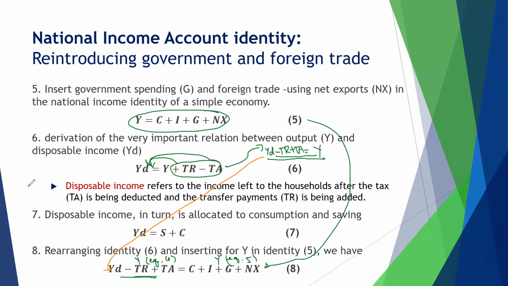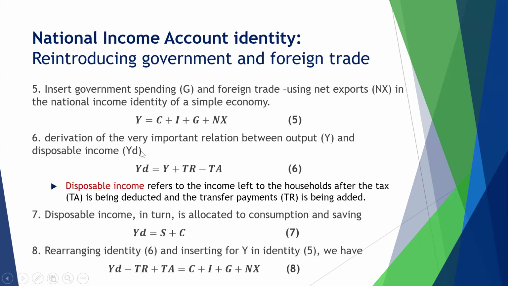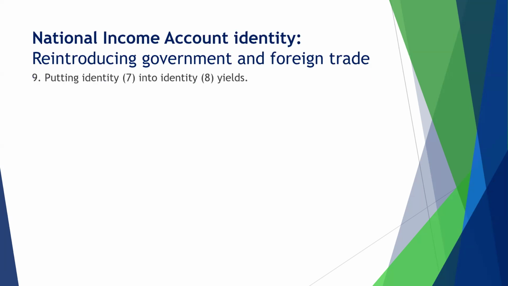Okay, so now let's proceed. We put identity 7 into identity 8, which yields the following. In our identity 7 on the previous slides, we have YD equivalent to savings plus consumption.